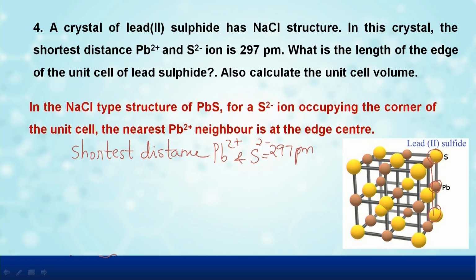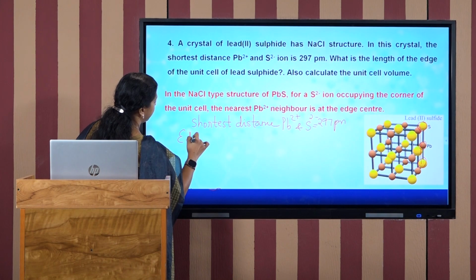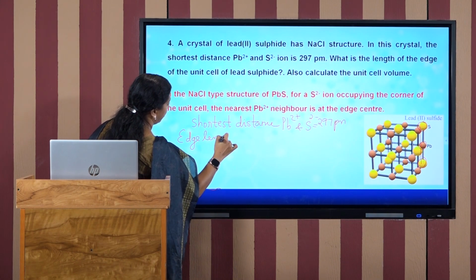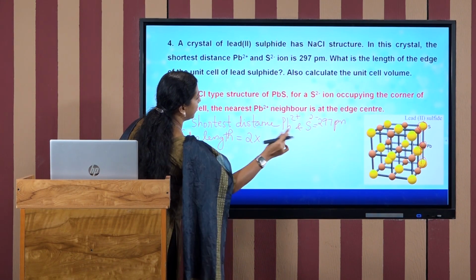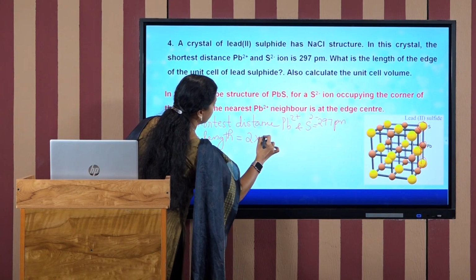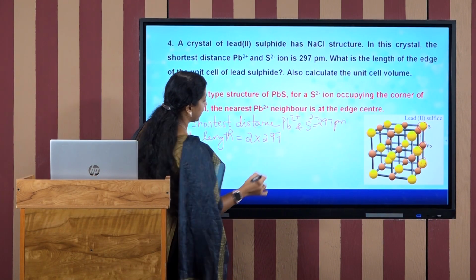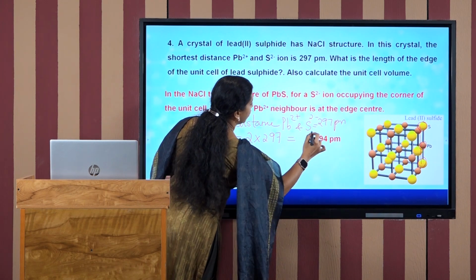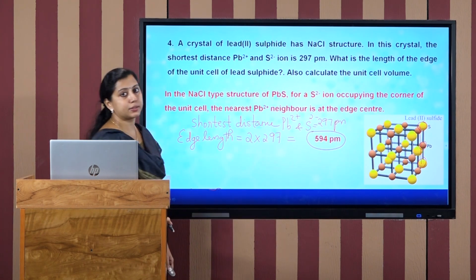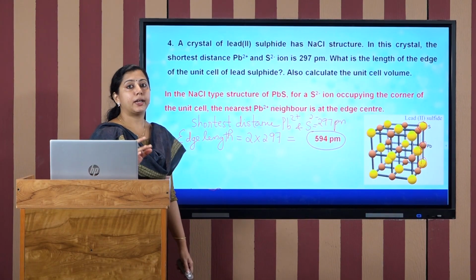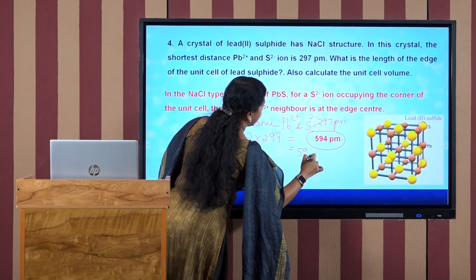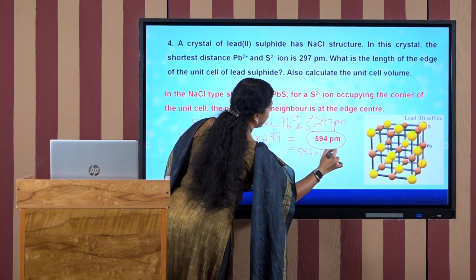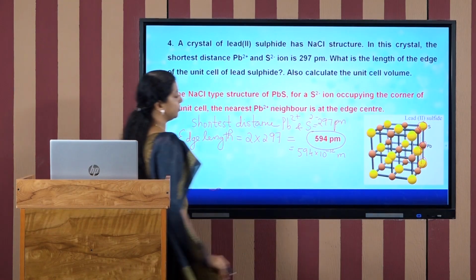Since the lead ion is present at the center of the edge, the edge length will be equal to 2 into the distance between a sulfide ion and the lead ion. So, 2 into 297. So, that will be equal to 594 picometers. Now, 1 picometer is 10 to the power of minus 12 meters. So, this can also be written as 594 into 10 raised to minus 12 meters.